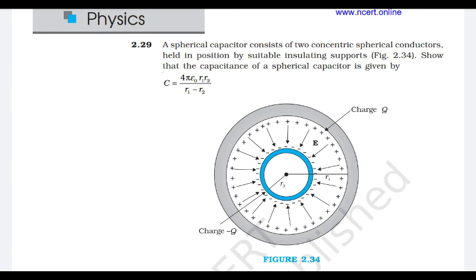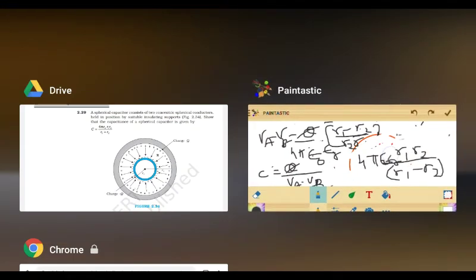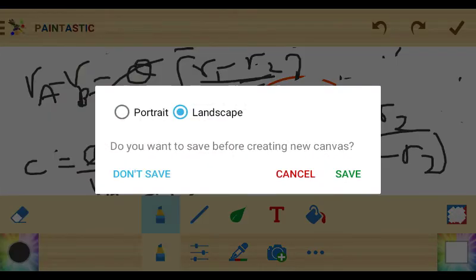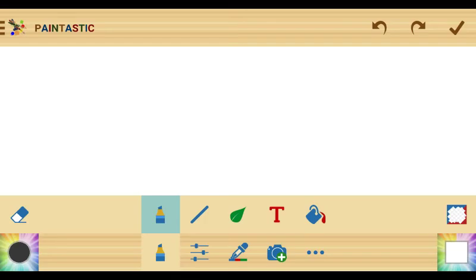Whenever the problem comes to find out the capacitance of any type of capacitor, the first step is to start with potential.